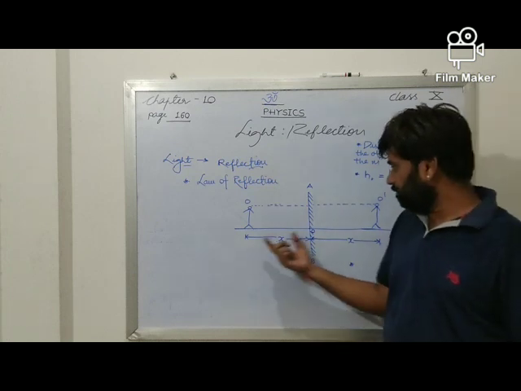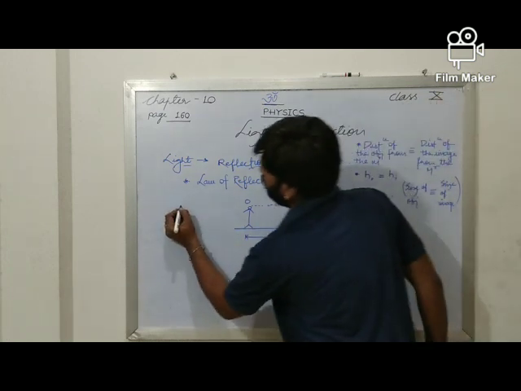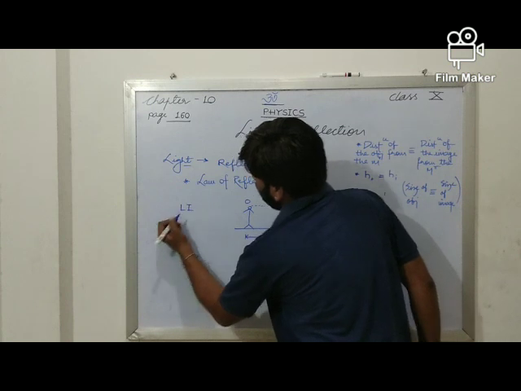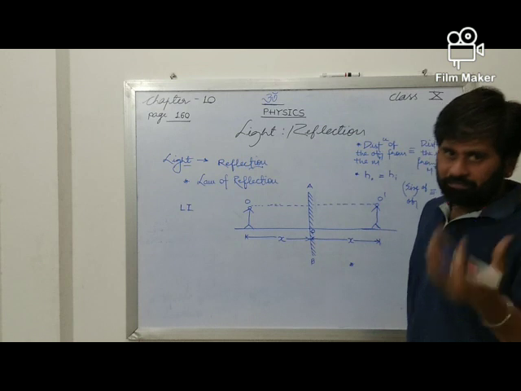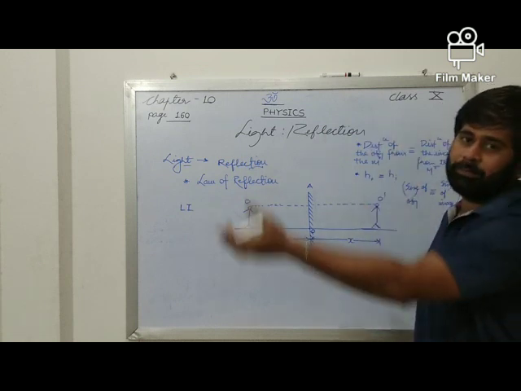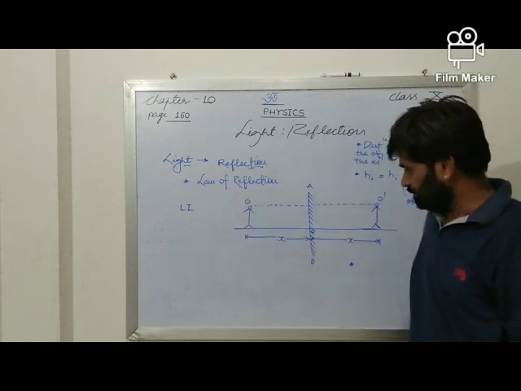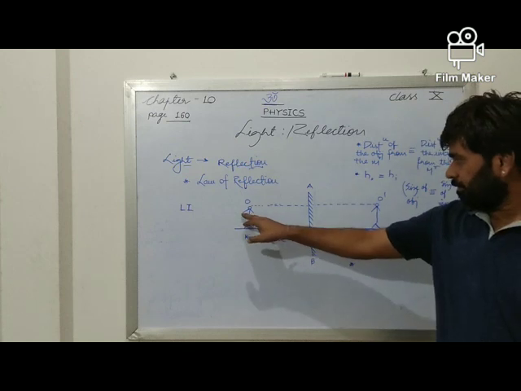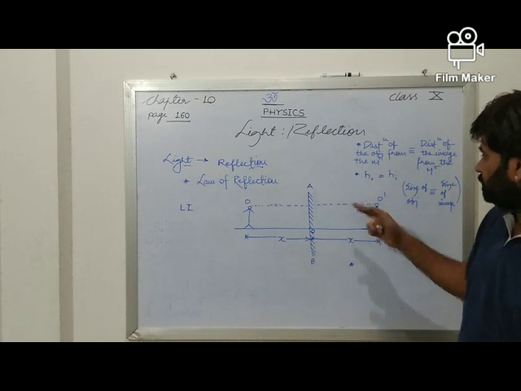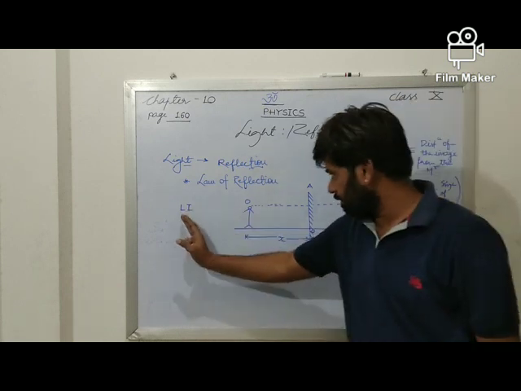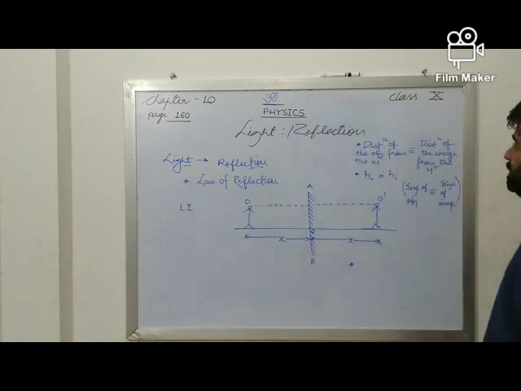This is a new term which is known as lateral inversion. What is lateral inversion? Whatever is on the left part will be the right part of the image. So that will be the lateral shift or lateral inversion, you may say.